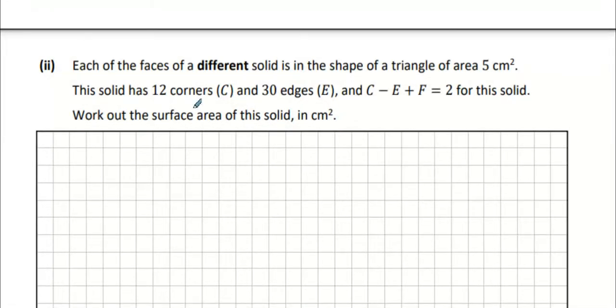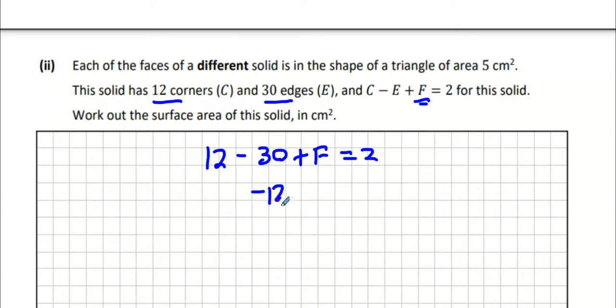Now, question 2. Each of the faces of a different solid are in the shape of a triangular area of 5 centimeters squared. It has 12 corners, 30 edges. So we're going to find out the number of faces it has. Okay? So here's what we're going to do. We're going to do 12 minus 30 plus F equals 2. Minus 18 plus F equals 2.